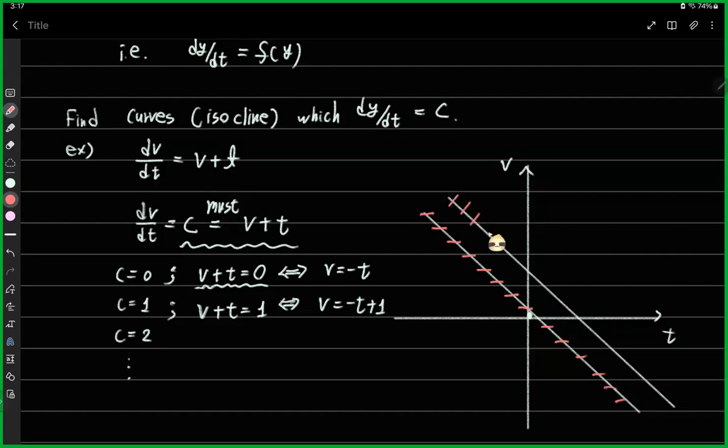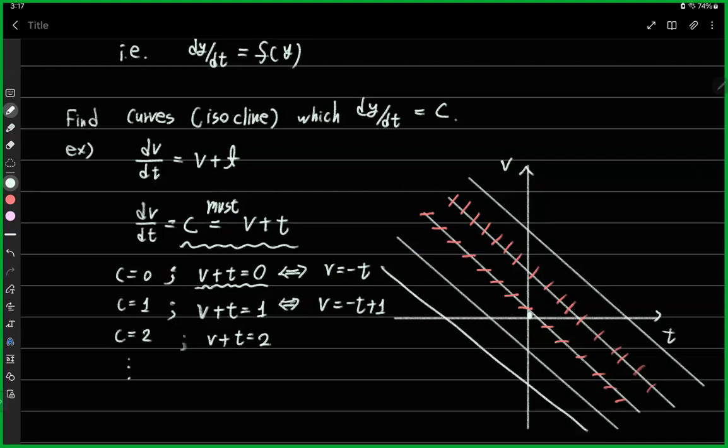And when c equals 2, then v plus t is equal to 2. So you draw that, and then this, and then that. And this is the minus 1.